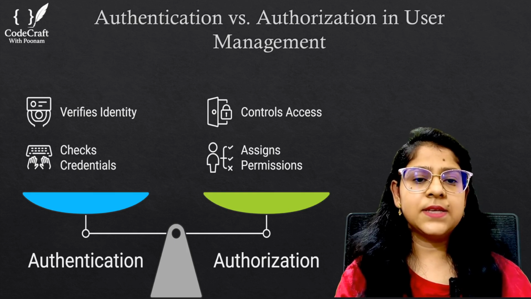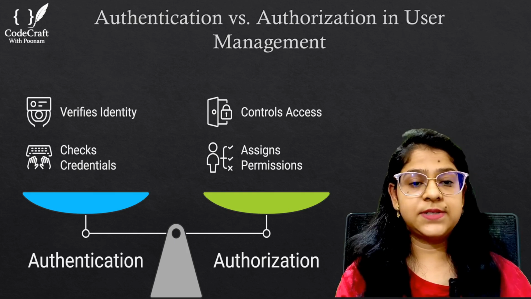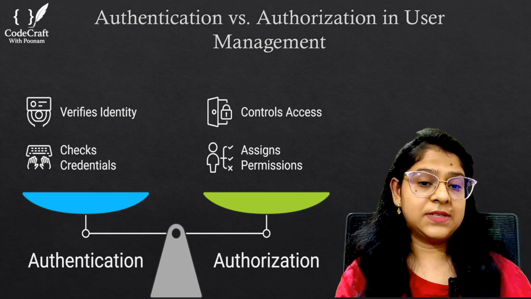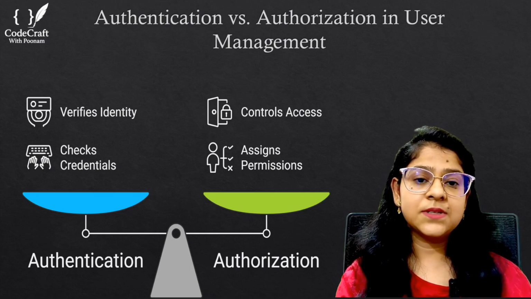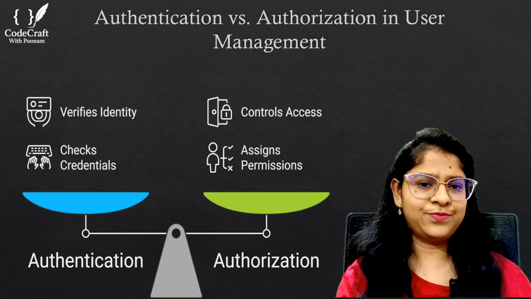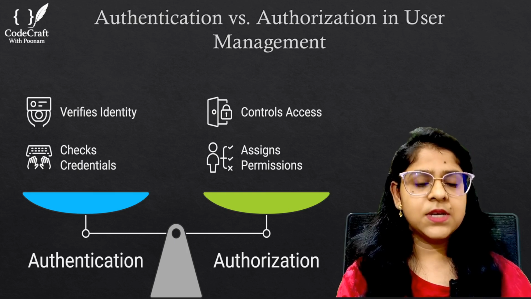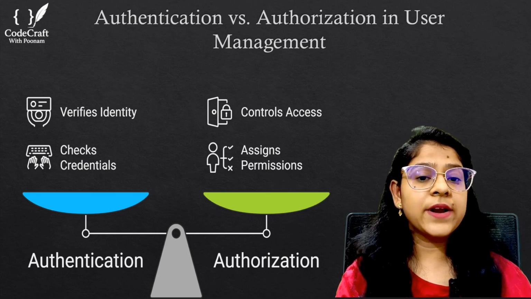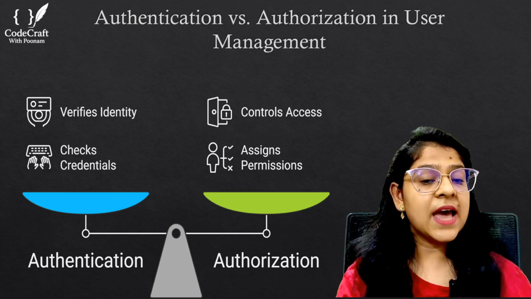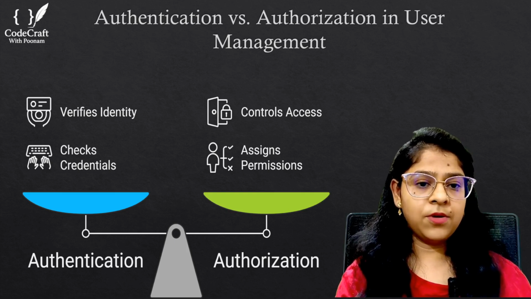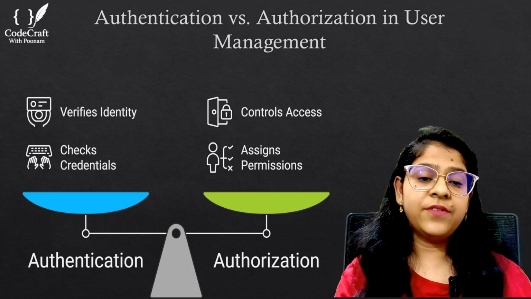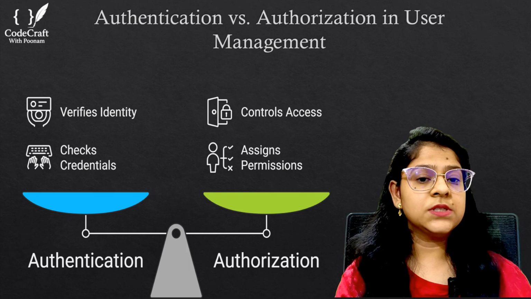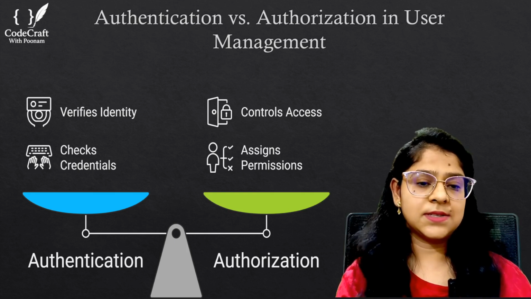Now coming to authorization. In simple terms, what are you allowed to do? That means deciding what an authenticated person can access. In our case, even logged in users can only do certain things.